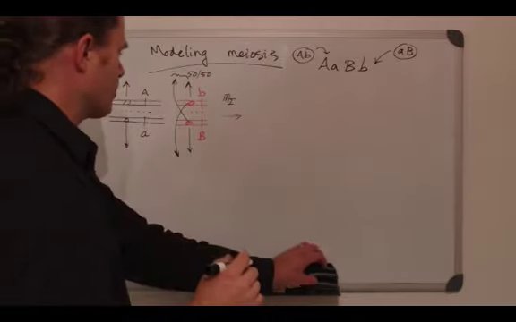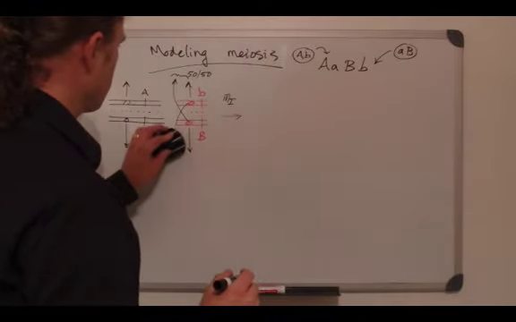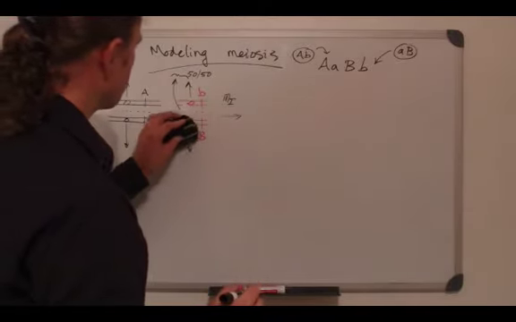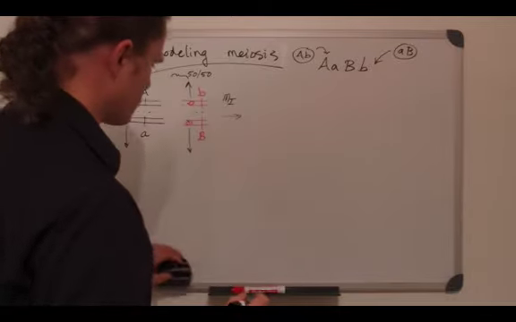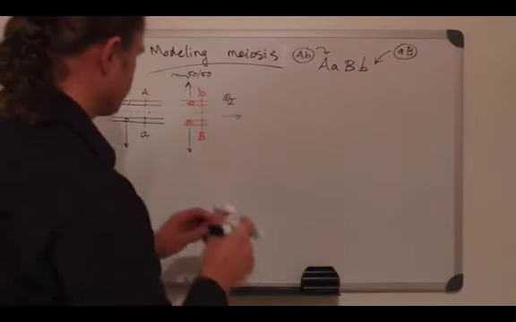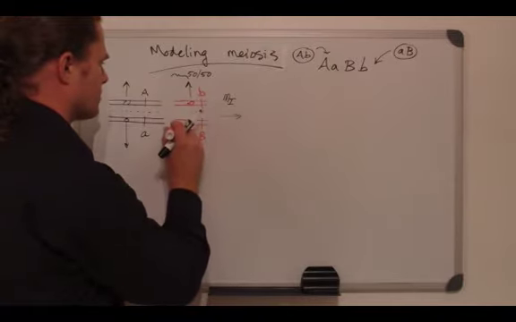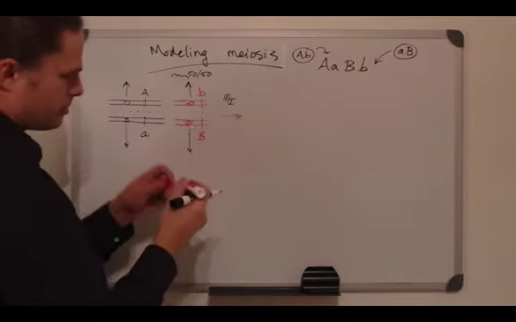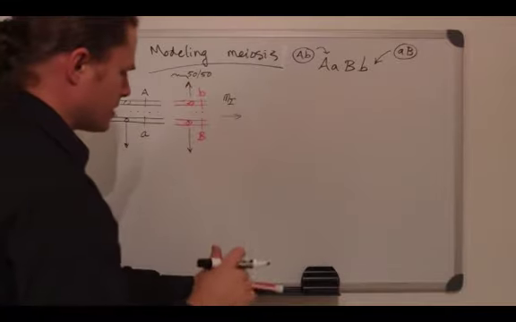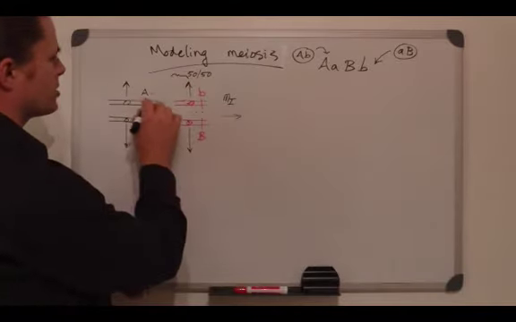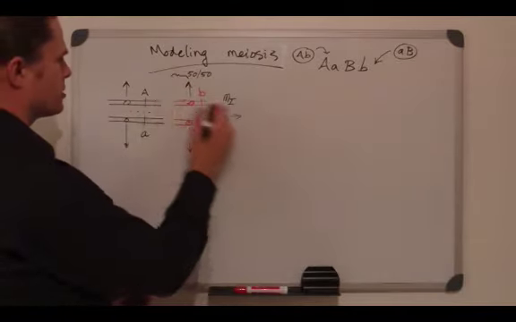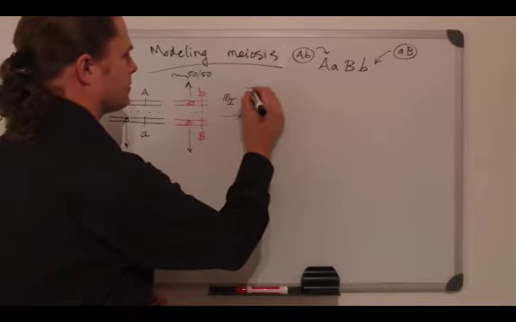Let's just work our way through this segregation pattern first, where we're just doing it in this simple form. So what this does is it takes these 2 chromosomes up to this cell.